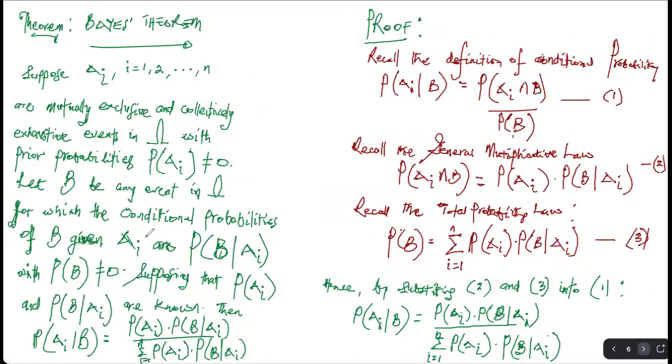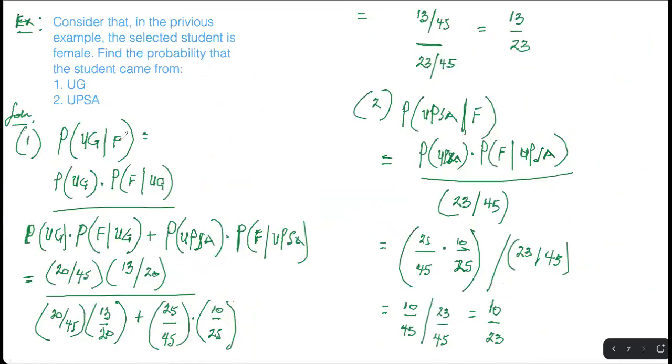We've revised our problem set by attempting to find, if we know that you are a female or a B, which partition you come from. What's the probability that you come from partition A1 or A2, respectively being UG or UPSA? And the results clearly indicate that they are mutually exclusive and collectively exhaustive.